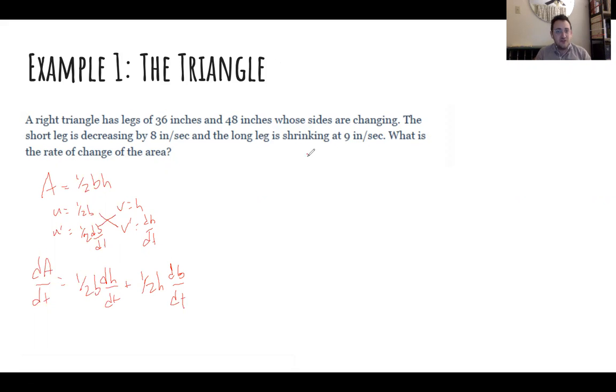So we have a right triangle, and it has legs of 36 and 48. I'm going to call this my H, and I'm going to call this my B. If you flipped it around, you would still be okay.